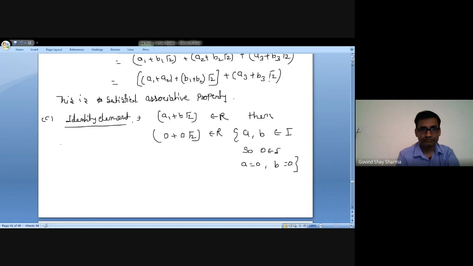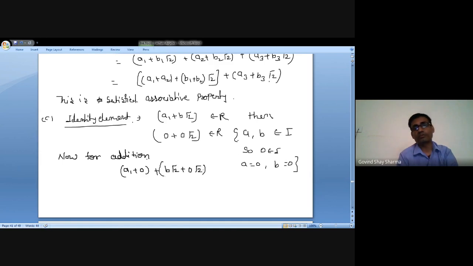Now for addition, A1 plus 0 plus B1 root 2 plus 0 root 2, and 0 multiplied by anything is 0, so we get A1 plus B1 root 2.